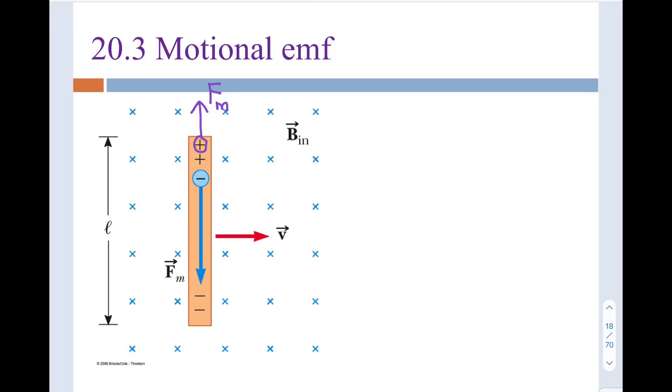So this separation is going to cause an electric field established between these two ends. Firstly, we know that the F experienced by the electron is QVB sin theta. What is the theta? The angle between the velocity and the magnetic field.